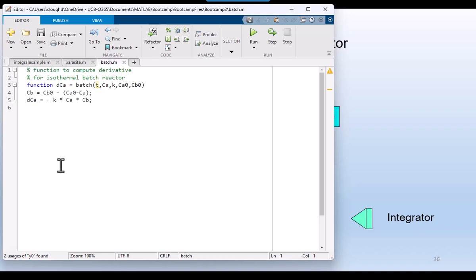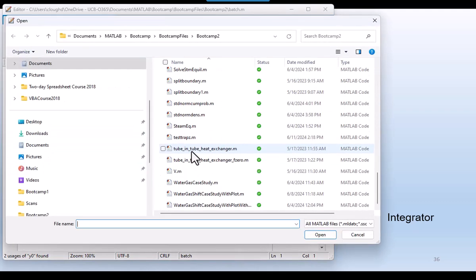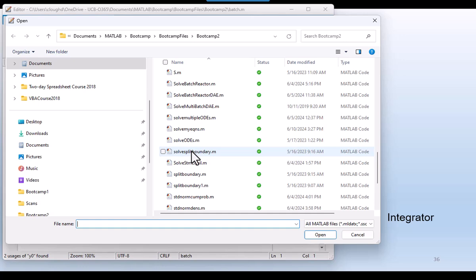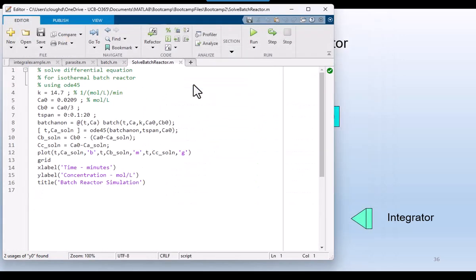So let us open a function called solve batch reactor. And here we have it. So we set our basic data, the rate constant, use some comments here to indicate units, our initial values of CA and CB, and the CC value is 0.